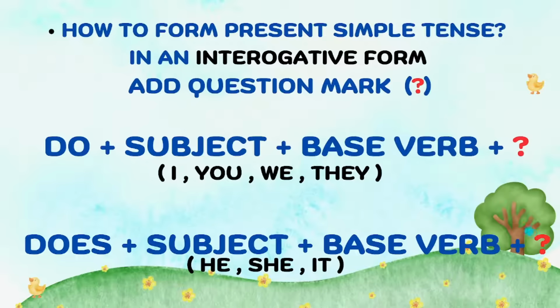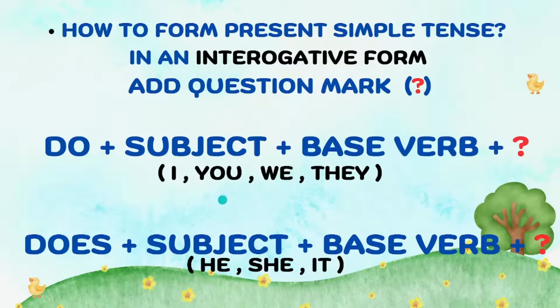Again, if we use a subject pronoun like I, you, we, and they, always remember, everyone, that you will use the helping verb do, and it will end with a punctuation mark like this.